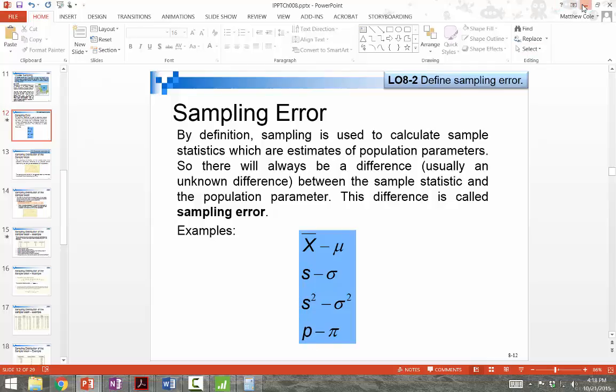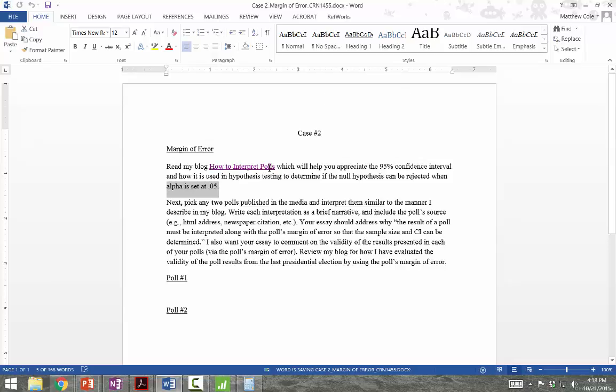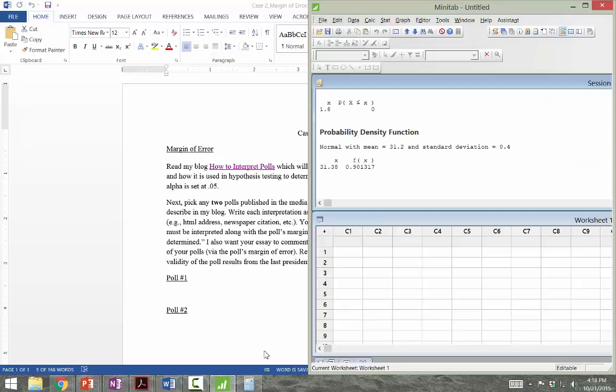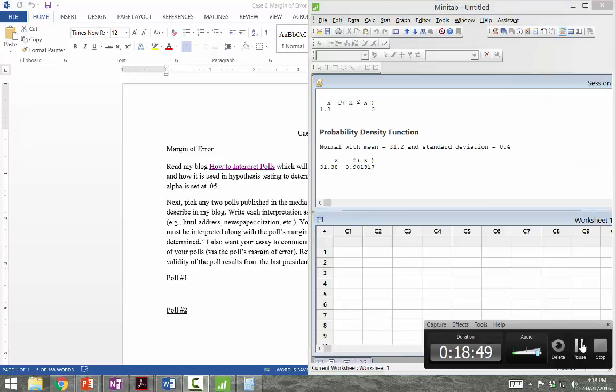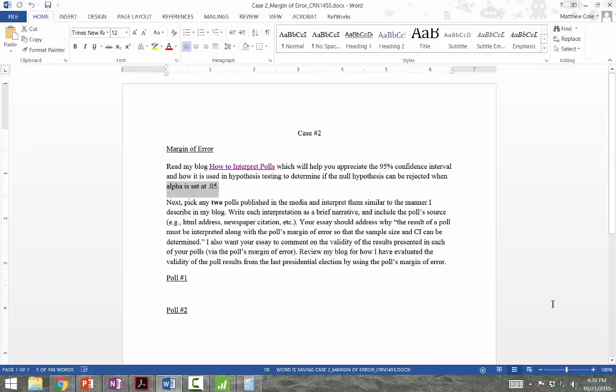So we see the probability all the time when we look at polls. Polls are telling us the probability of voting for something versus something else. So I'm going to start by reading the case study, then I'm going to show you how to complete it.